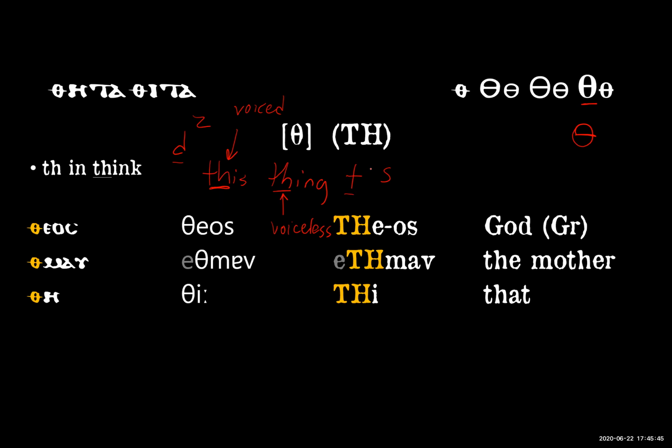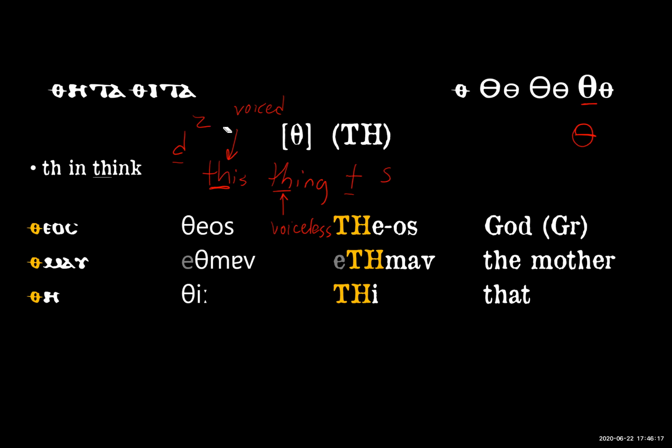So that's voiceless. If you notice other languages, when they don't have a th sound, these are the letters they will switch to. So if you speak to an Egyptian and you tell them to say this thing, they're going to say this sing. So they know there's a difference between the th sounds, but they just can't articulate it. Some other languages will say this ting. For example, someone with a Jamaican accent would say this ting.